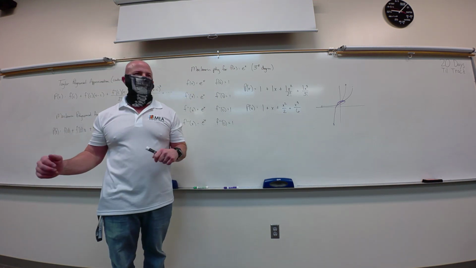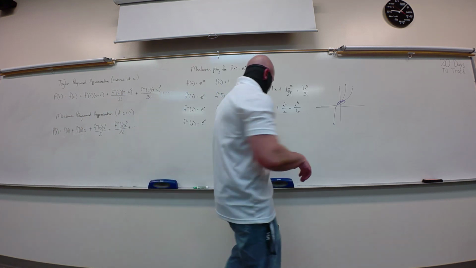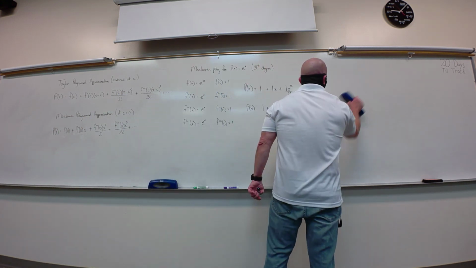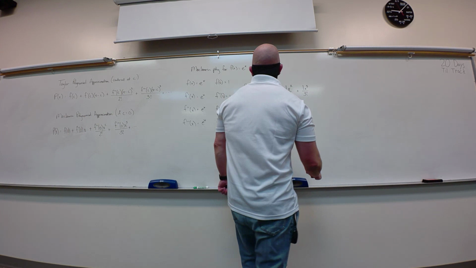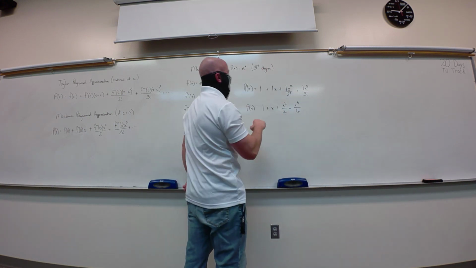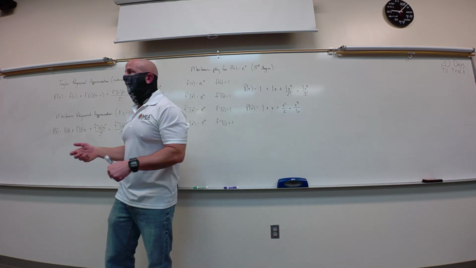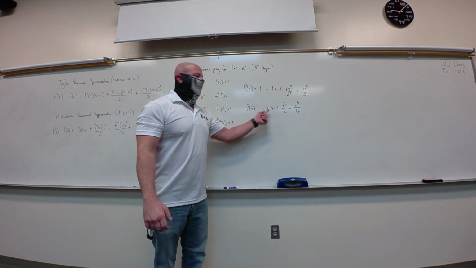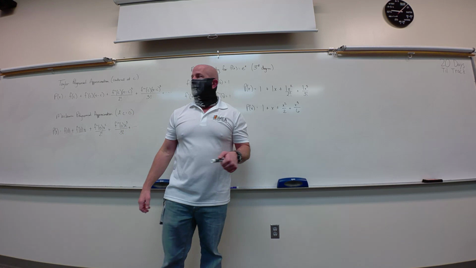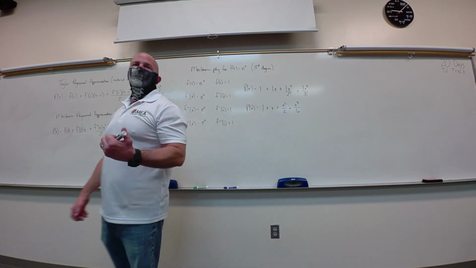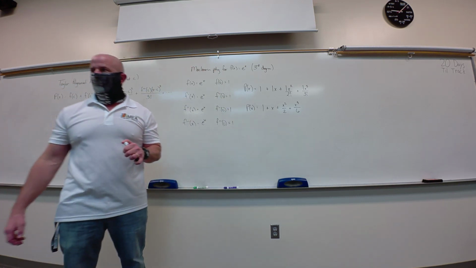What degree do we have to go to make it perfect? Infinite. Okay? And so now the idea was, think about that 1.5 guy again. If you did e to the 1.5 or even like e to the 2, you don't really know what that is without your calculator. But you can find p of 1.5 or p of 2 into that polynomial. So you're getting that polynomial approximation. It's kind of the idea.